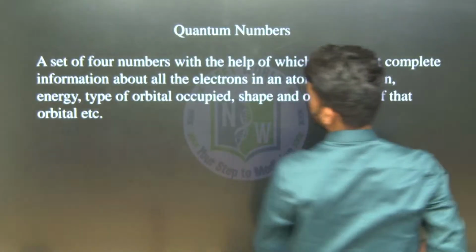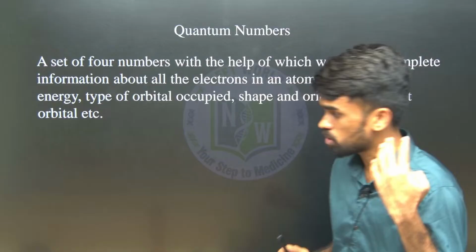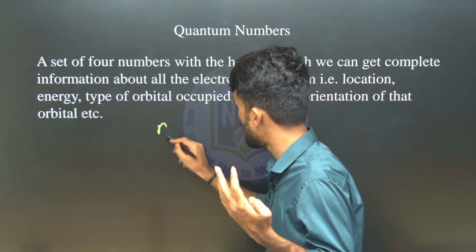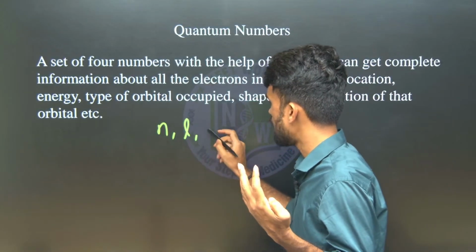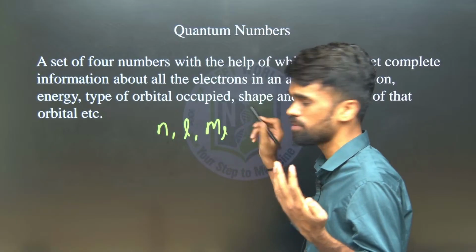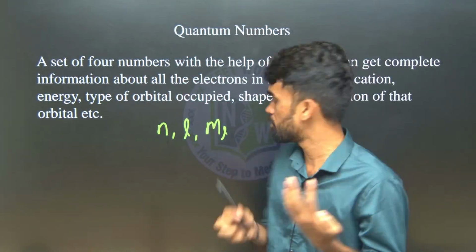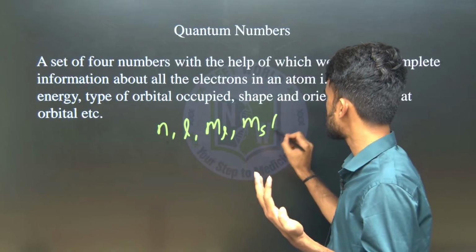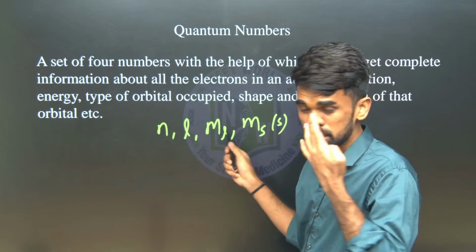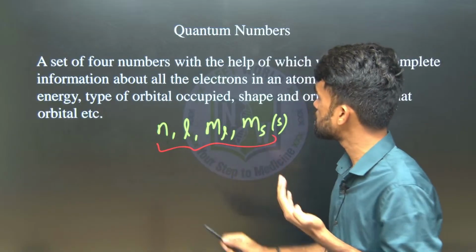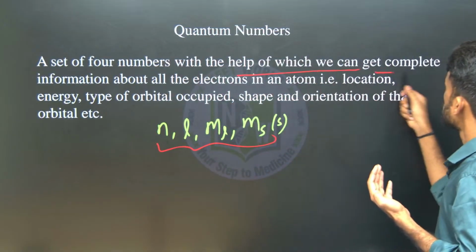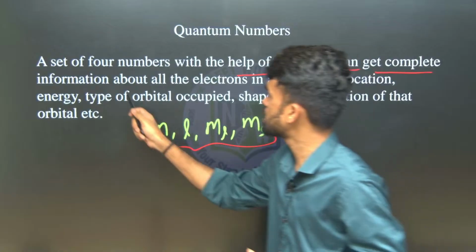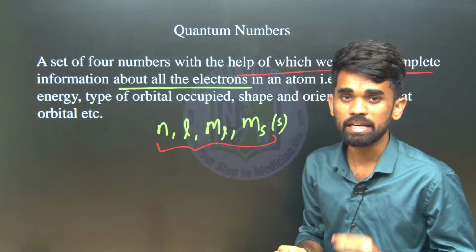Now, what are the 3 quantum numbers we got? One is n, another is l, and another is ml. And one more new quantum number, externally added, is ms, or simply s. These are the set of 4 numbers which help us get complete information about an electron in an atom.